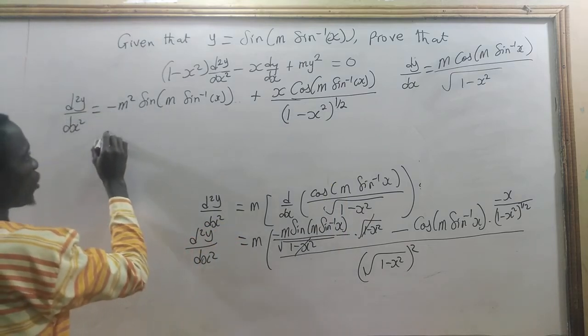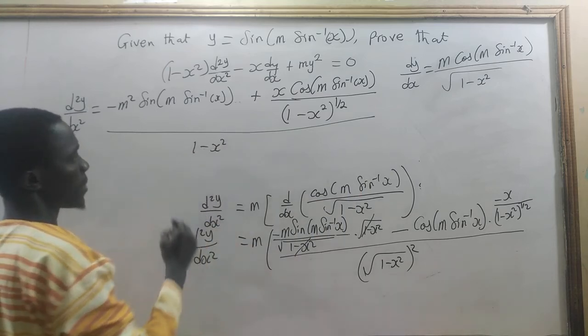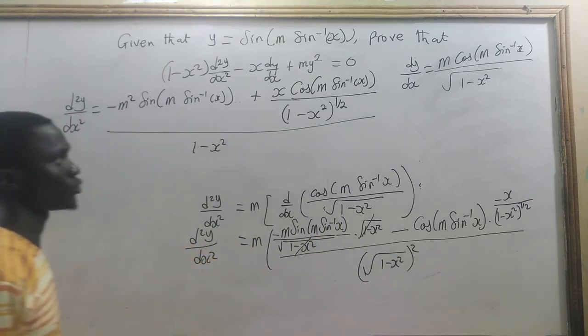We have all divided by 1 minus x squared. For here, the square will cancel the square root.